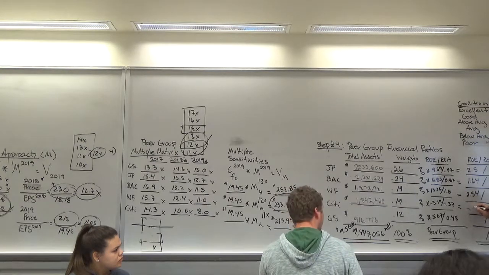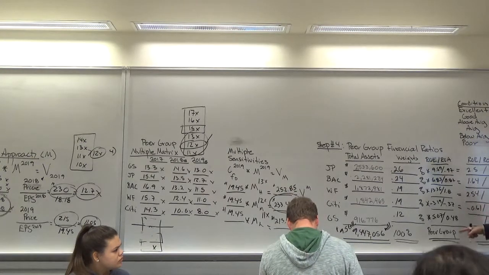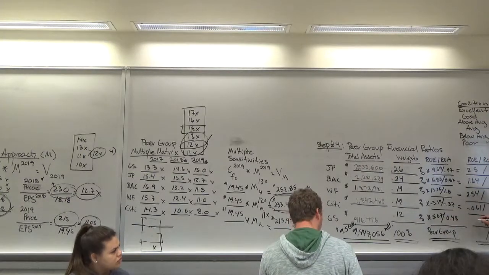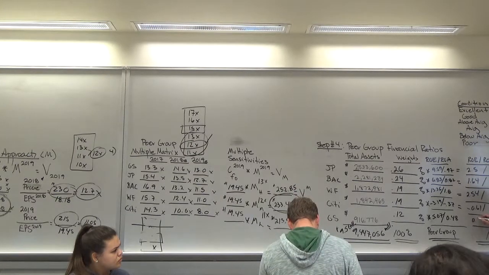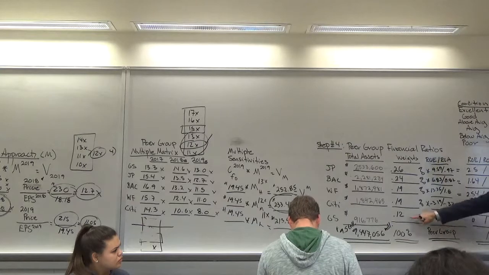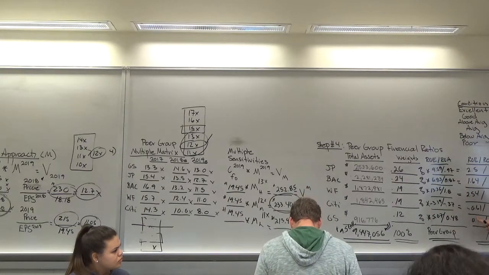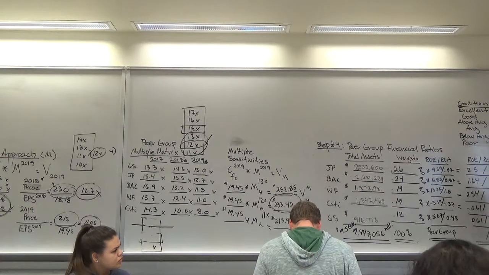And what is negative 3.19 times 0.19? Negative 0.61. Thank you. And what is 5.07 times 0.12? 0.61 also. Got it. Okay.